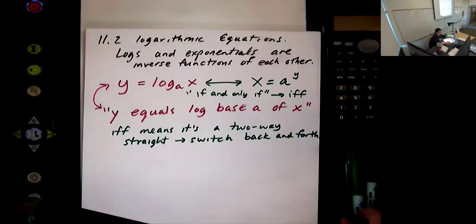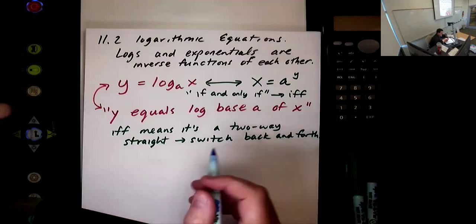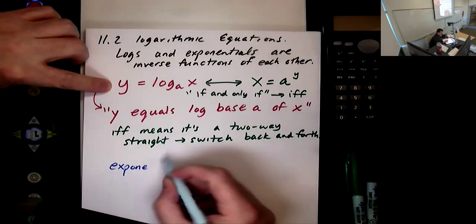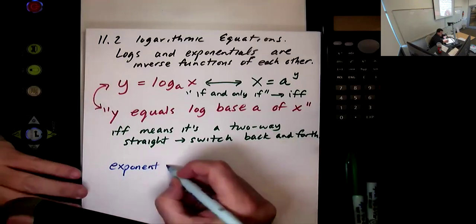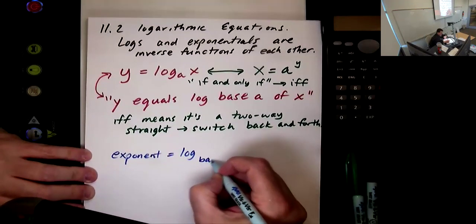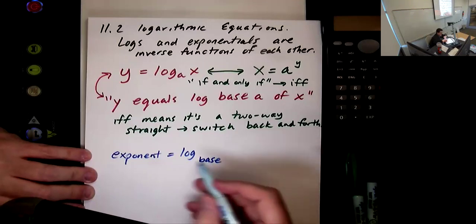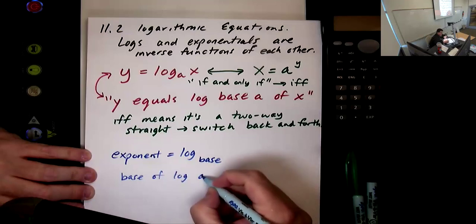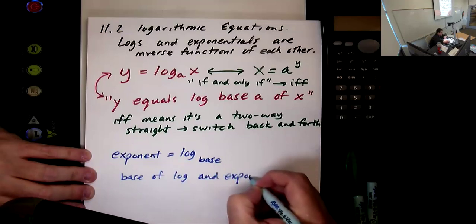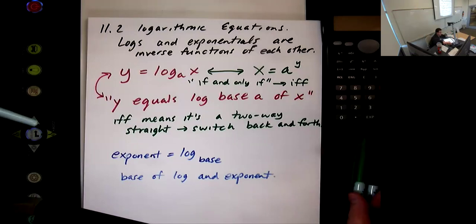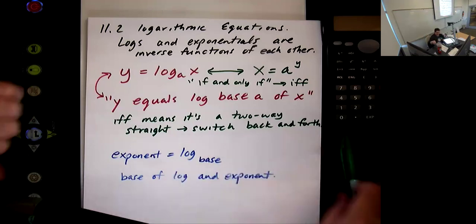A handy way to remember it, the way I remember it, is the thing all by itself is the exponent. And the base of the logarithm is the same as the base of the exponent. So the base of the log and the exponent are the same, so you only have to remember it as base once. Those are the two I remember. You can throw in another word if you want.